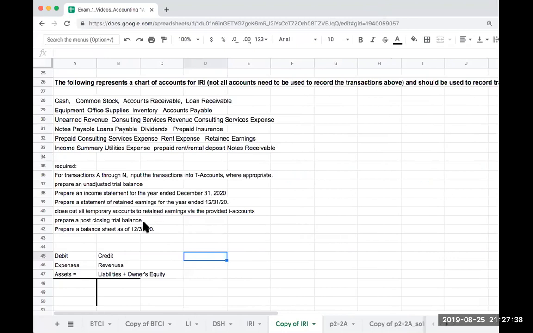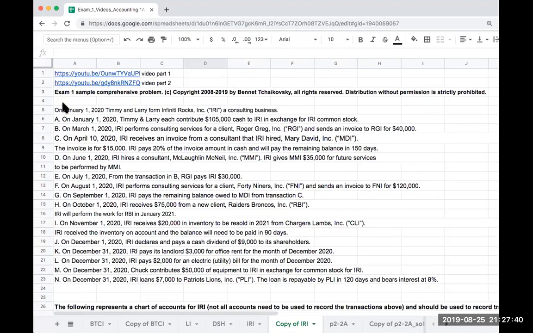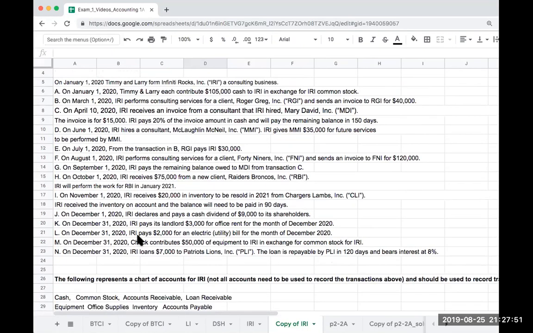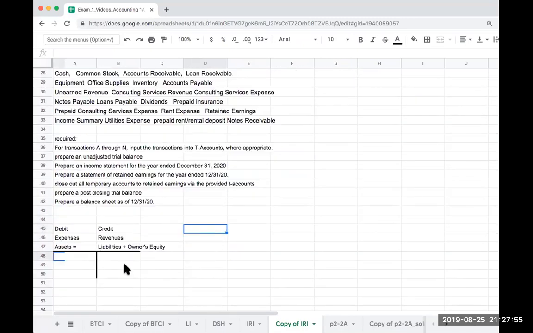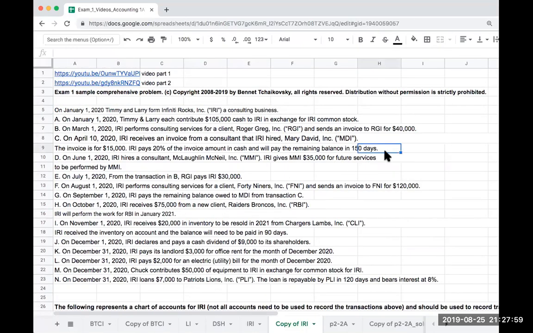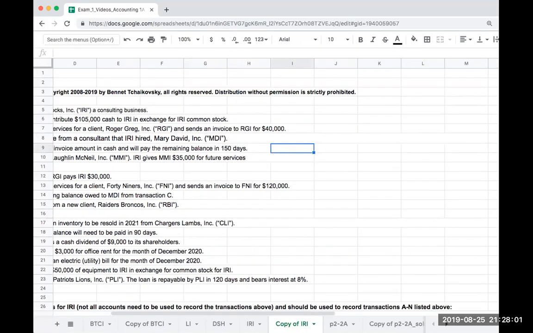Basically, we're being asked to go through examples A through N in terms of the transactions. So this is going to be a little bit different than our last question. However, it's the same kind of concepts. So let's go ahead and start it up. I'm trying to think of the best way to go through.